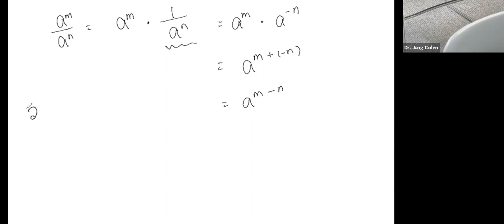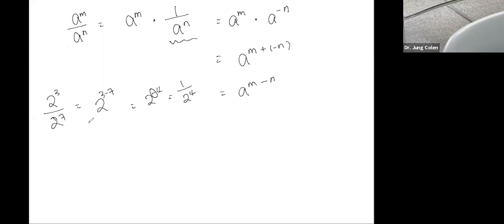For example, if you are given 2 to the third over 2 to the seventh, this is the same as 2 to the 3 minus 7, which is 2 to the negative 4. Or it's 1 over, using that negative as reciprocal, 2 to the 4th. Right? Or you can think about it this way. Writing the same thing, that is equal to this or that.